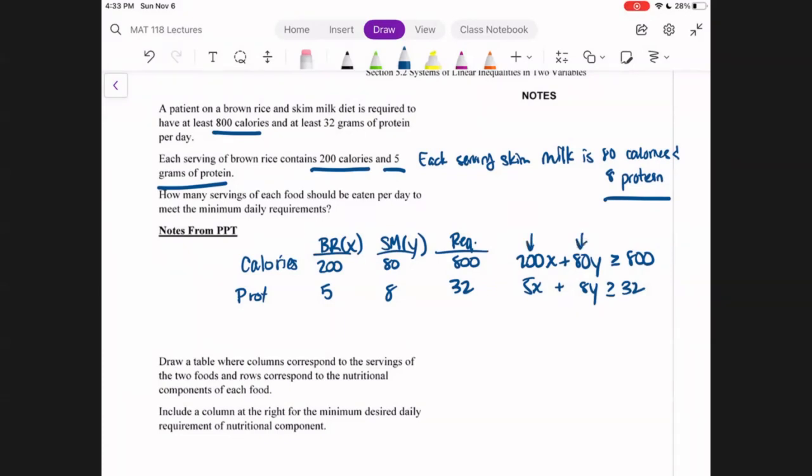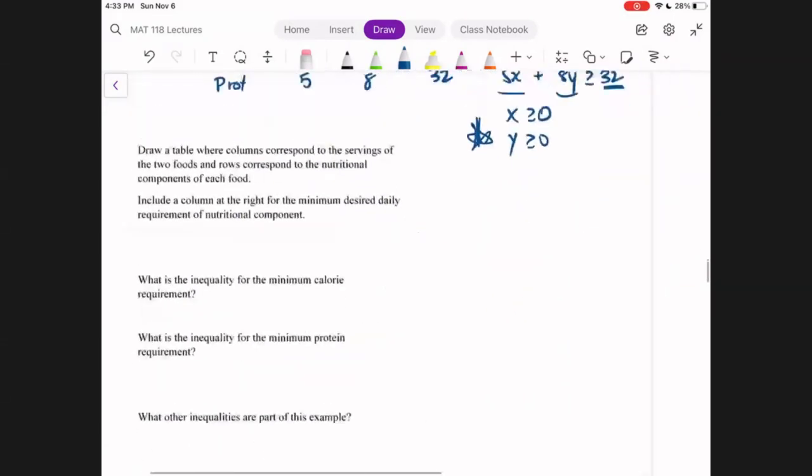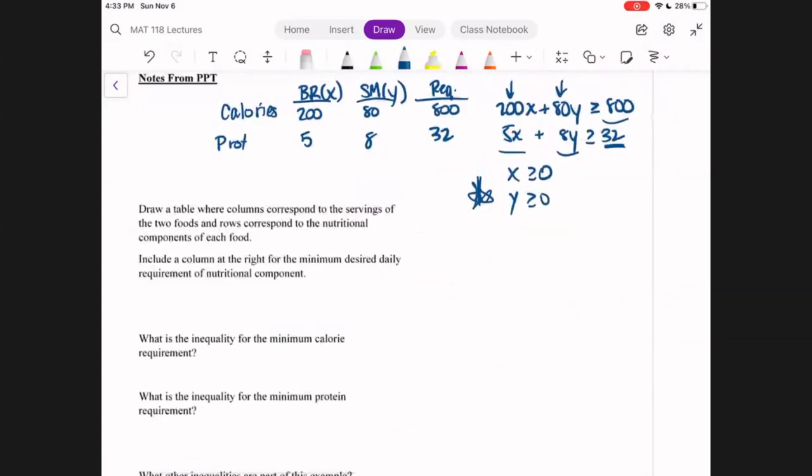If you add them, it will be all the calories you take in, right? Likewise for the two at the bottom, the total protein from brown rice and from skim milk, and the total protein. And one other thing that's not mentioned here is you need to eat at least some of each. So you have these two understood to be there, so we have those four. So what is the inequality? We have that for the calories.